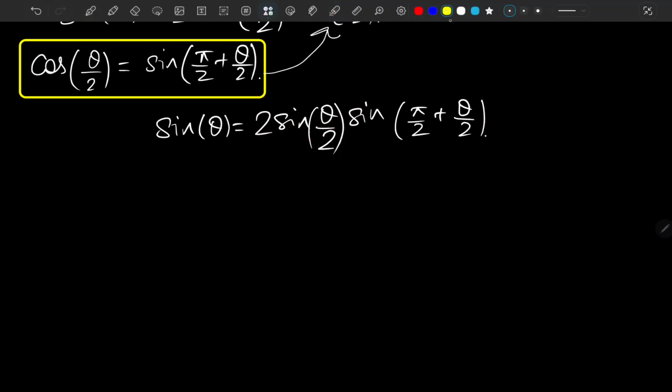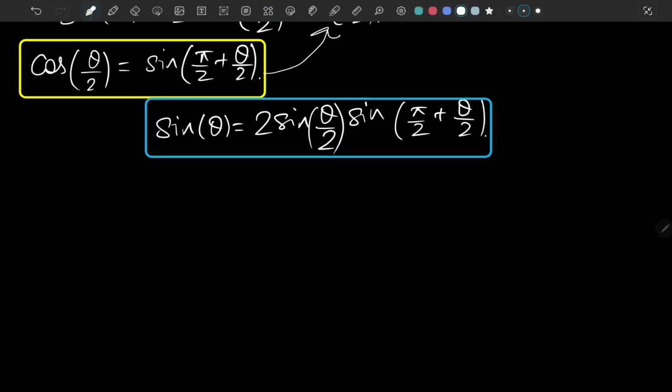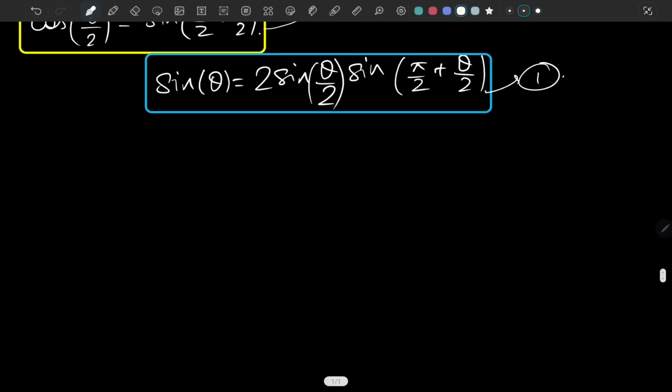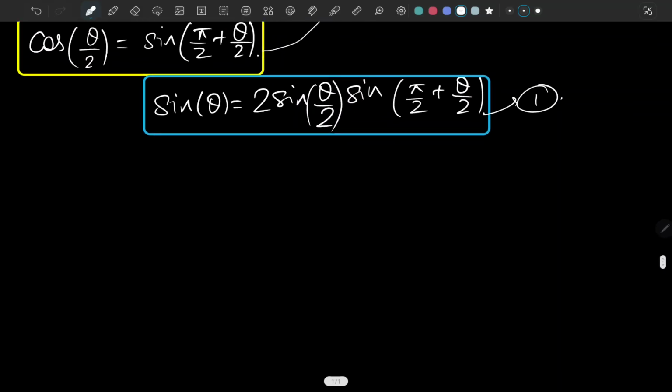So I think I should just take this in a parenthesis here itself, because it's the first equation. Okay, now let's further factorize sine of theta over 2 with the double angle formula.